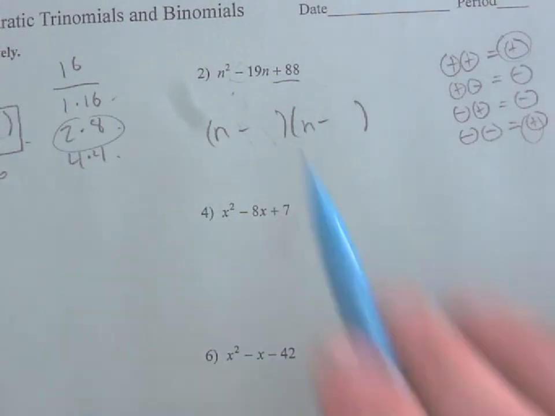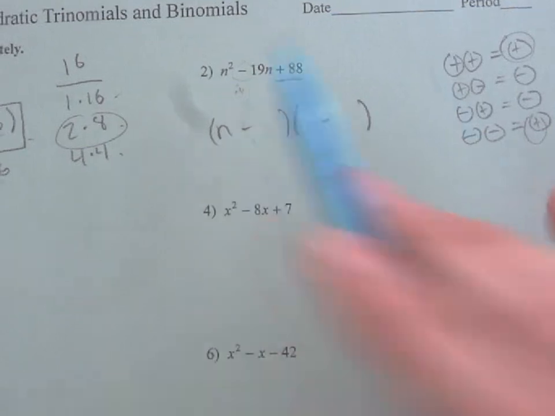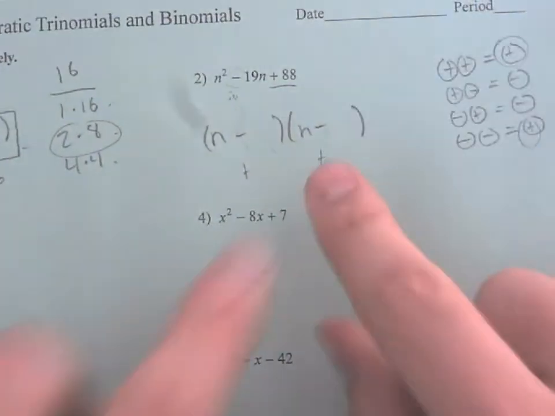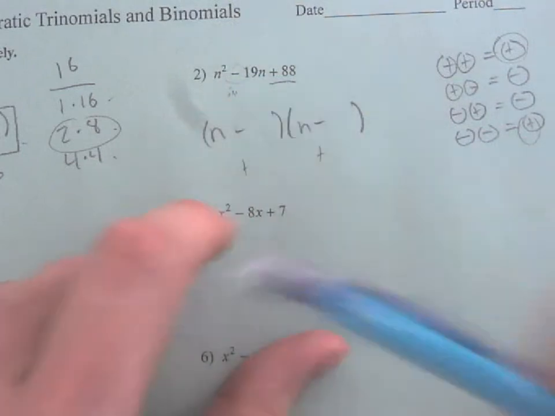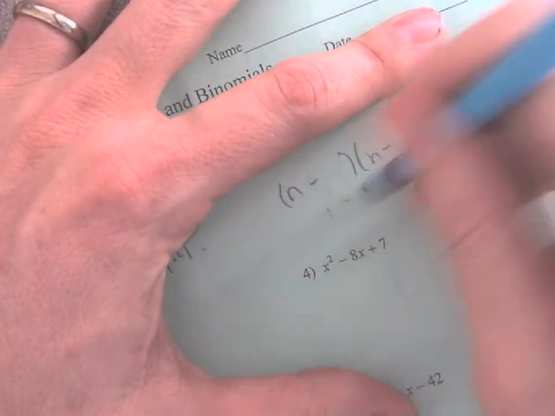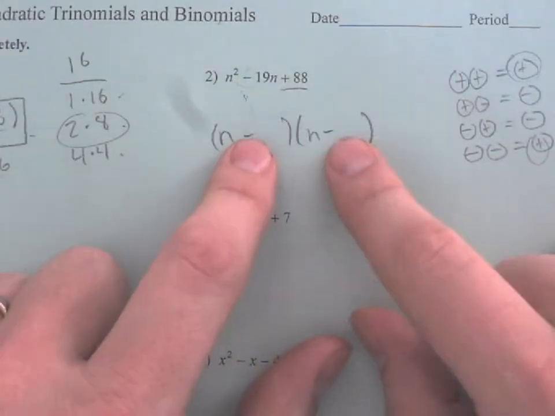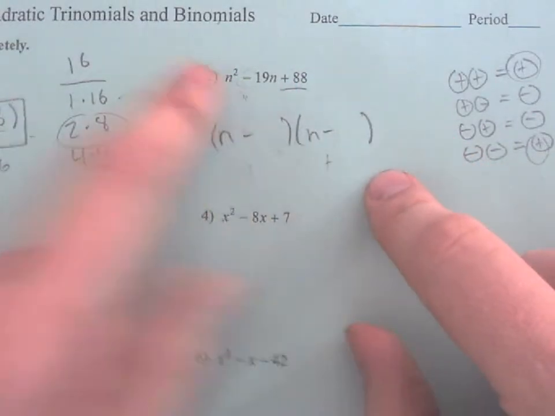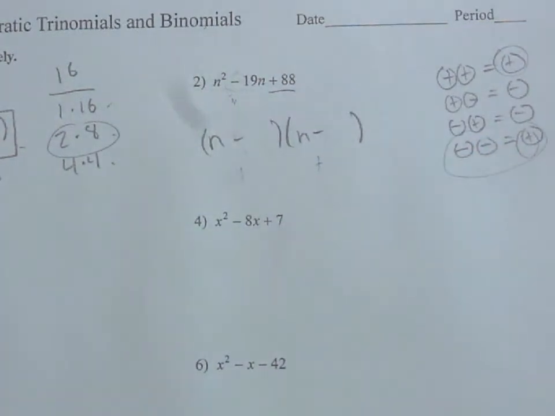Now the tricky part here is that when I add them together, it has to be a negative number. If these were two positive numbers and I added them together, I would never get a negative number. So the only option is that both of these numbers in here are negative. They have to multiply to a positive, but they have to combine to be a negative number. So they have to be two negatives, okay?